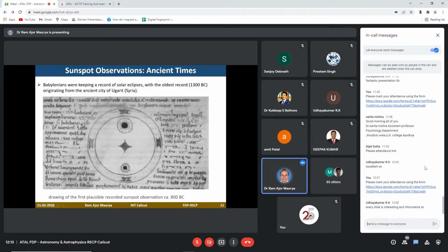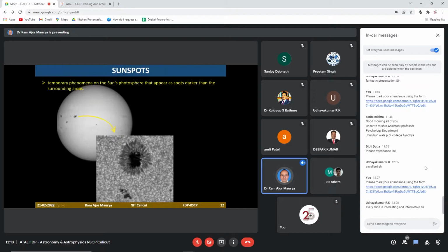This is about eclipses, and they also kept records of sunspot observations. If you zoom into a sunspot, you will find some detail like this. Here the central dark part is called the umbra, and the outer part is called the penumbra.